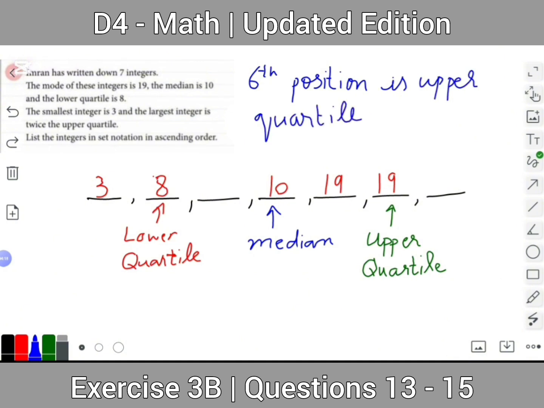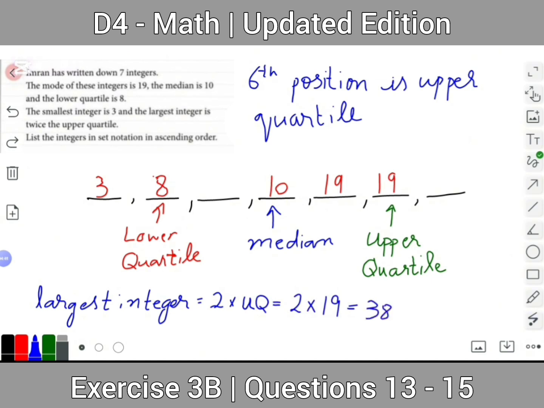And since it is given that the largest integer is equal to 2 times the upper quartile, and since we have found the value of the upper quartile, and that is 19, 19 multiplied by 2 will give us 38.